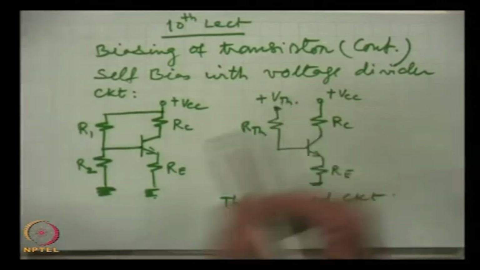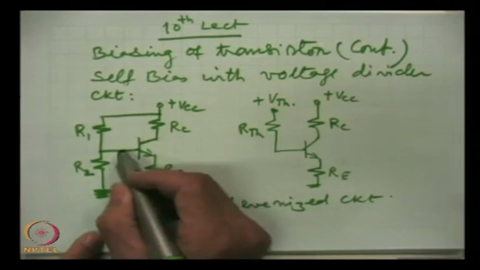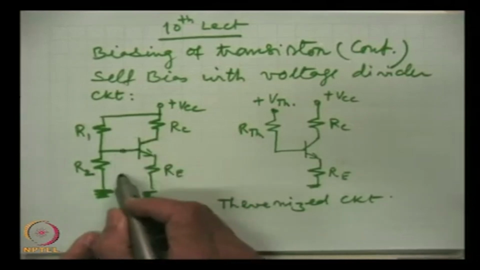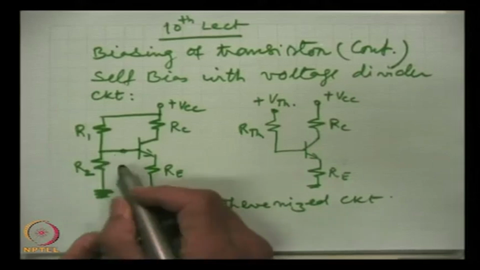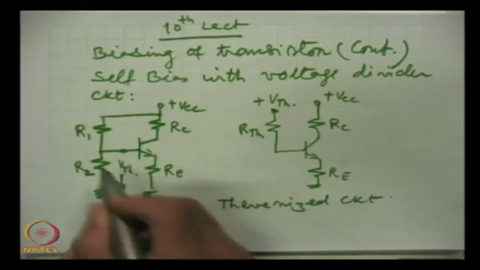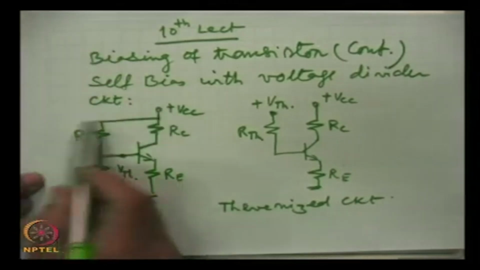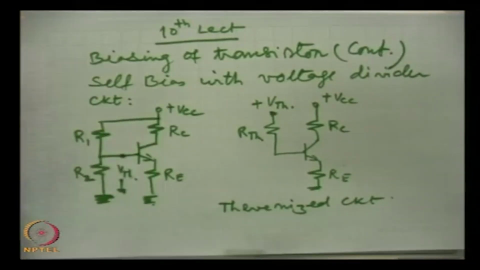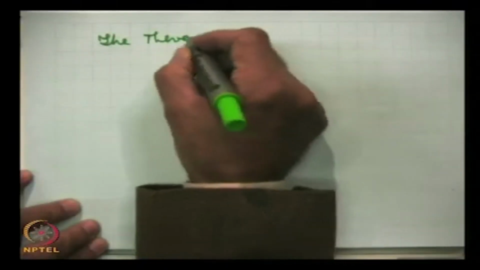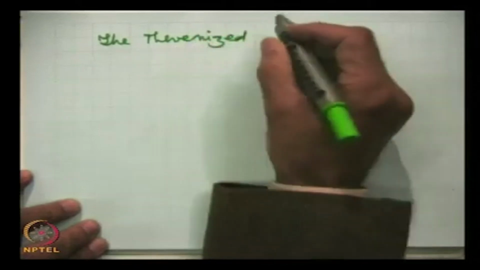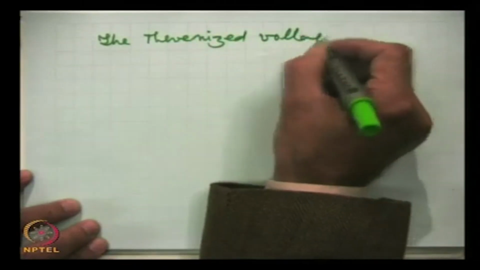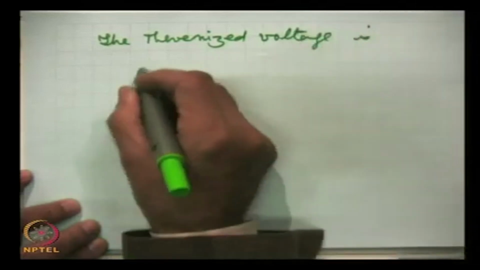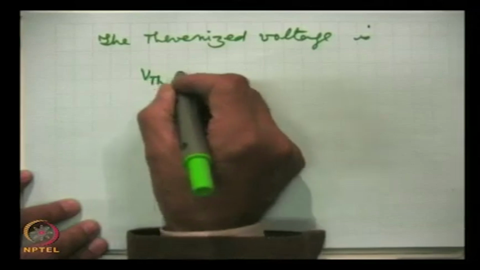Now, the Theveninized voltage is the voltage observed between this point and the ground. This is the Theveninized voltage VTH, and if we complete this circuit here, this is VCC, then we know that this Theveninized voltage will be VTH.